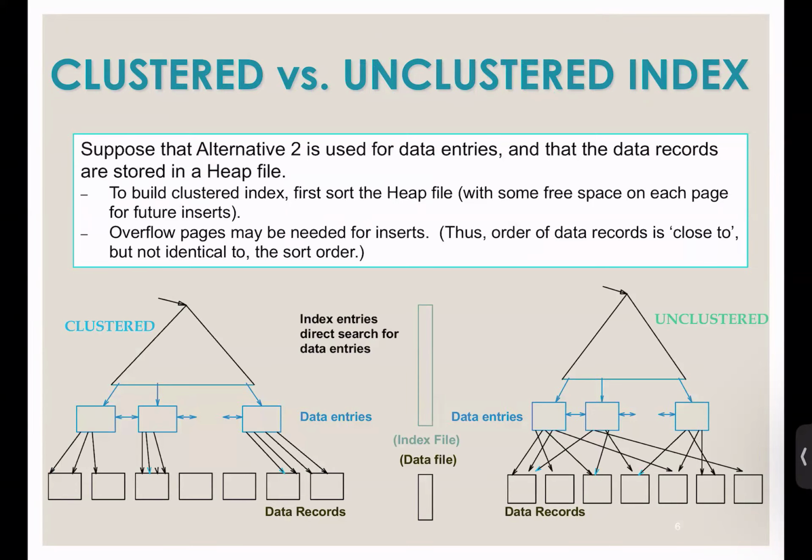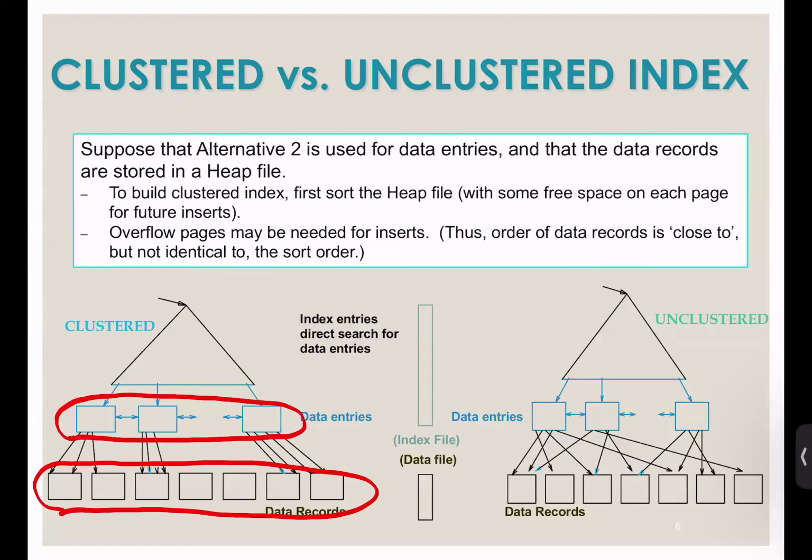Now, clustered versus unclustered index. Let's say if it's clustered, this is, let's say, the real data records. That means the ordering of the data just goes on as usual as the raw data is, but the data entries, these are the index that you created by itself.